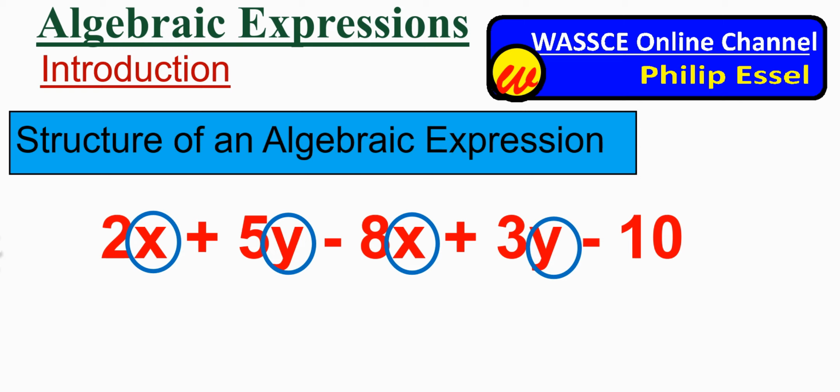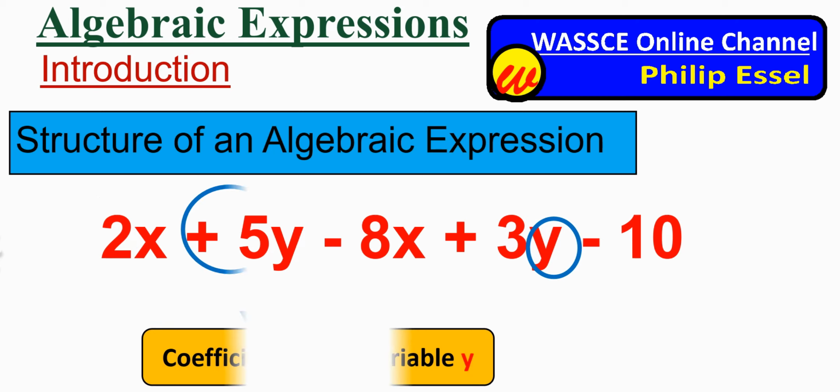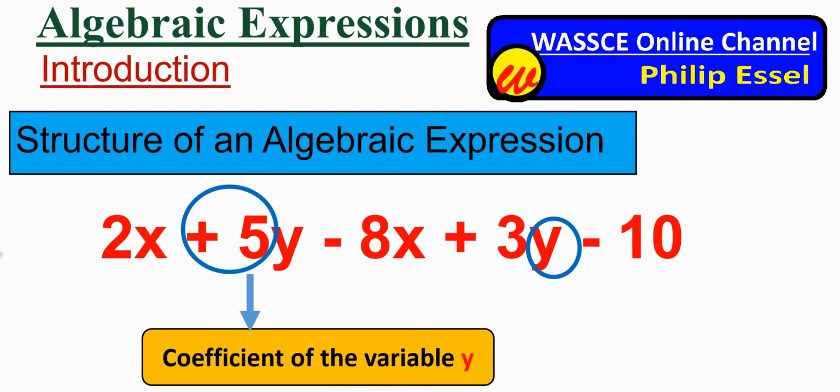So, for example, this number 2 is the coefficient of the variable x, which is behind it. Let's look for another coefficient. This 5 is the coefficient of the variable y behind it.